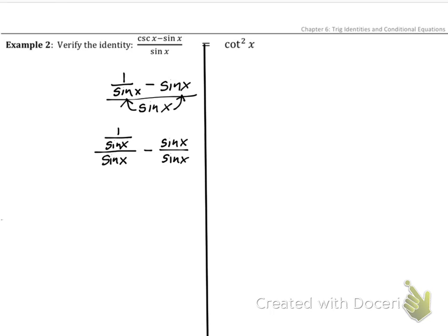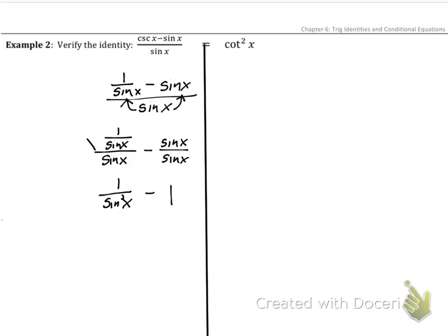Well, that's nice. That's just minus 1. This side is going to be 1 over sine squared x.